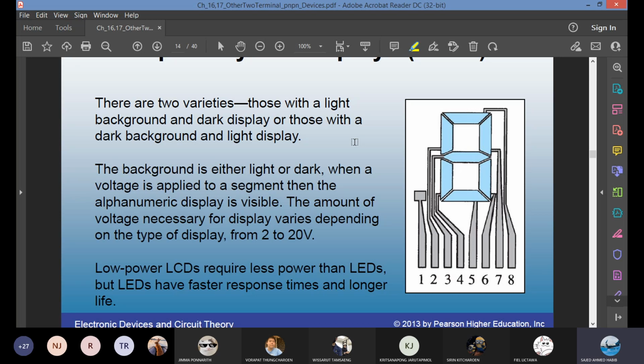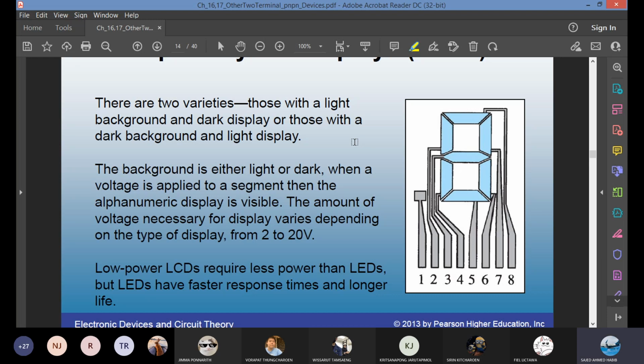LCD is made of liquid crystal. I'll explain what a liquid crystal is. A liquid crystal can chemically degrade, just like your battery, when you use it for a long time, it degrades chemically. The liquid crystal is subject to chemical degradation.